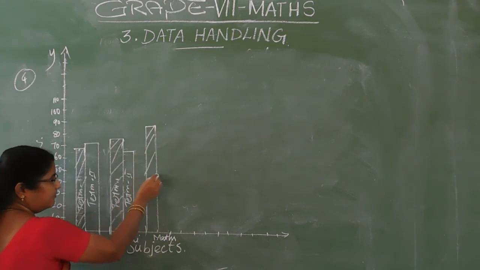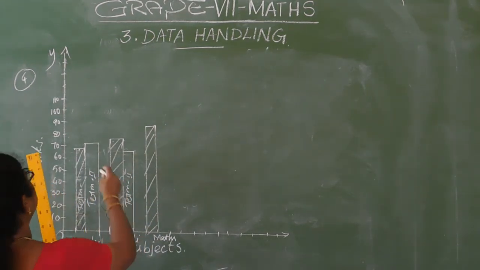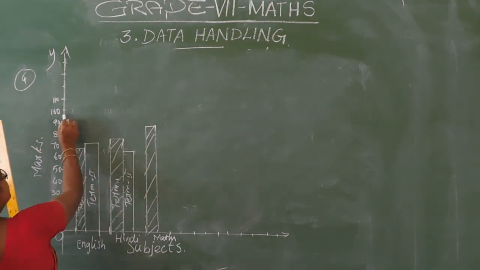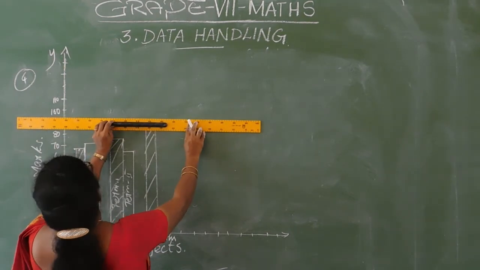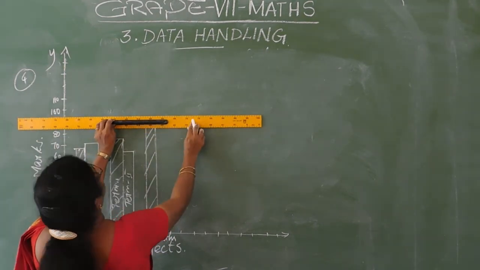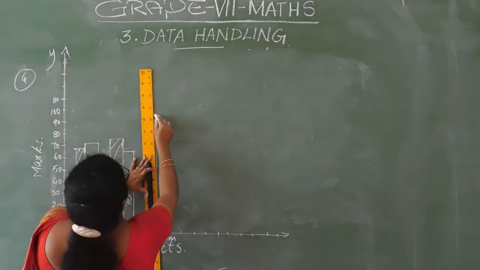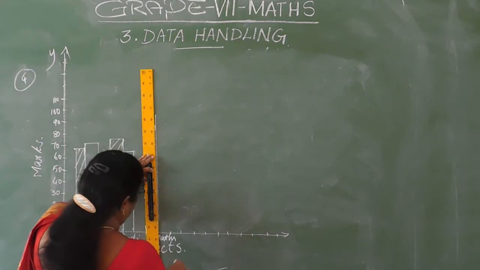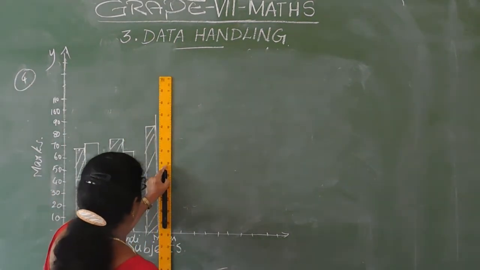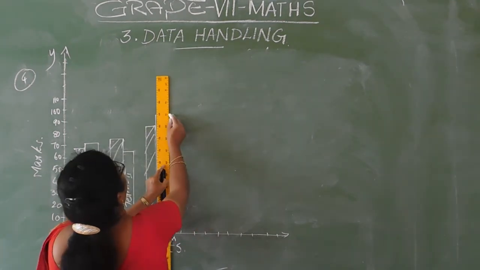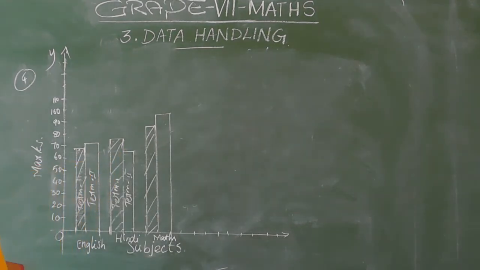Next, 95. 95 in between 90 and 100. 5th line, in between, the middle. 95. Term 2, 95 in maths.